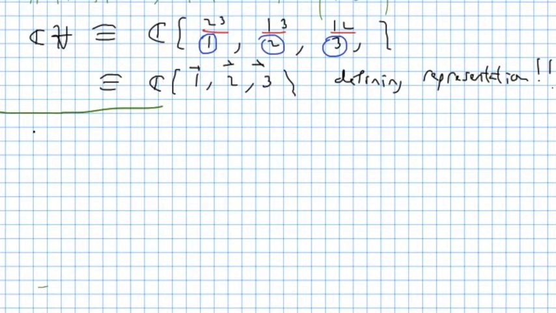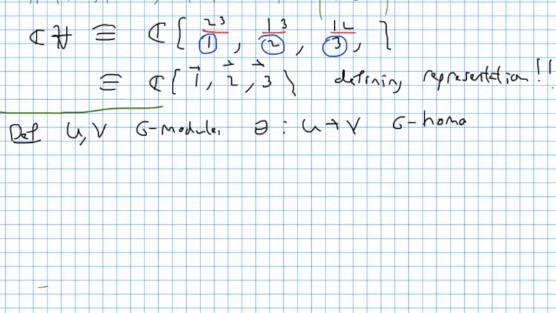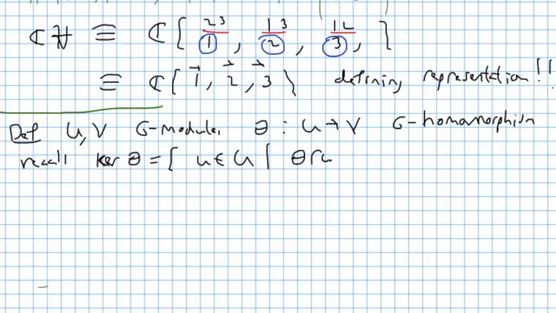Okay, so let's finish up with one more result. So if we have G modules U and V, and we have a G homomorphism from U to V, recall that the kernel of theta are the elements of U that get mapped to 0.